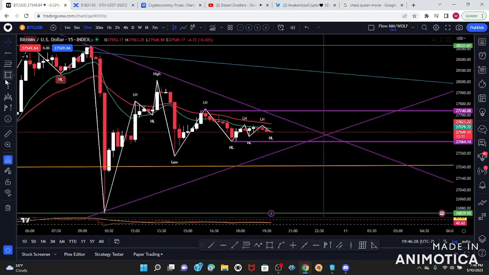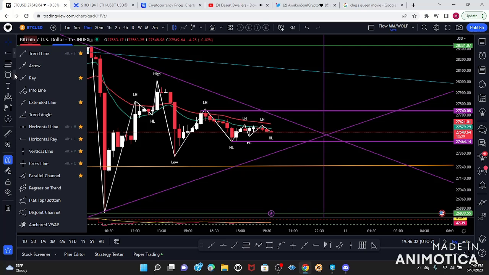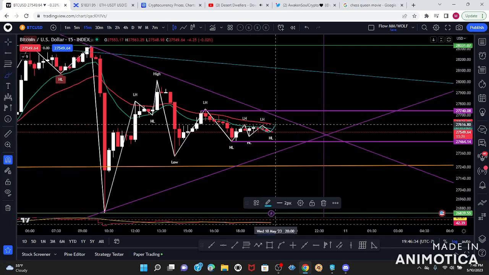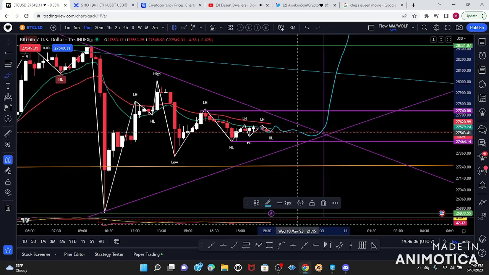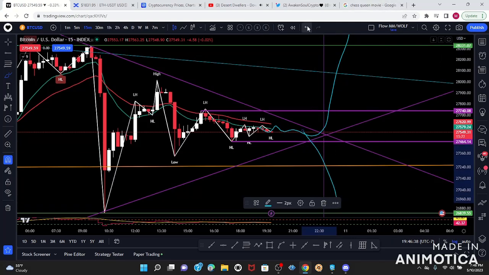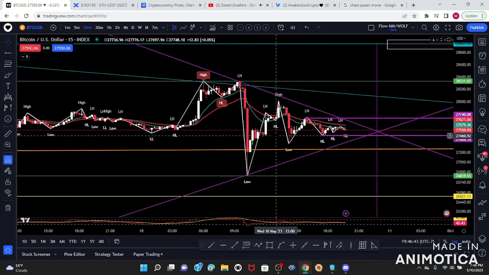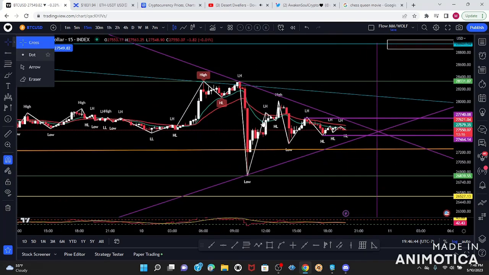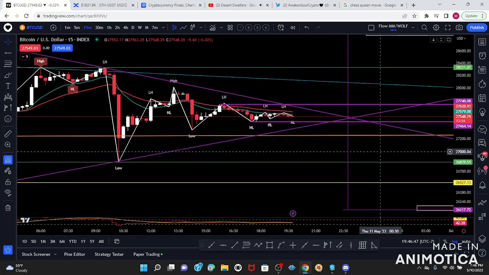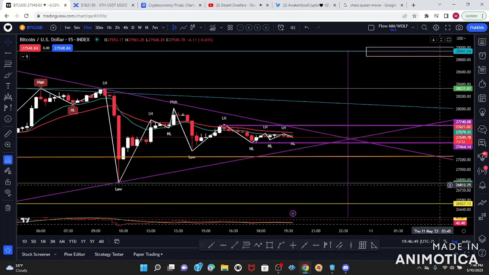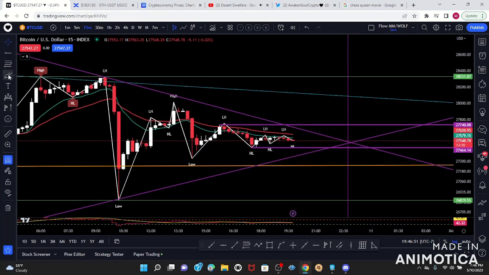And let it play out, okay? It's not ready to take a trade. Either it's gonna go up or it's gonna go down. A lot of the times, whenever you have patterns like that, there are fake outs. So what you want to see is follow through. Understand market structure.